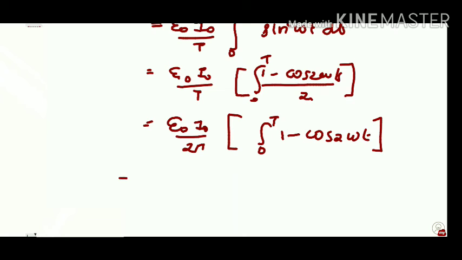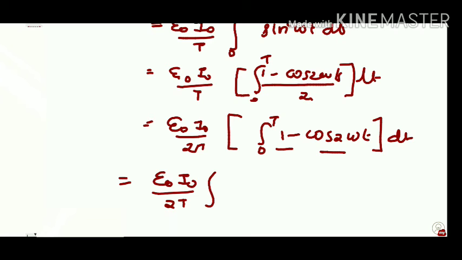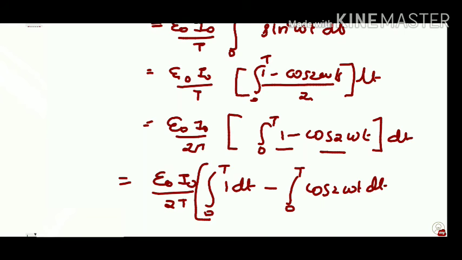After integrating epsilon naught I naught by 2T, there is a dt, I missed it, dt for this entire expression. So it is integral 0 to T of 1 dt minus integral 0 to T of cos 2 omega t dt.